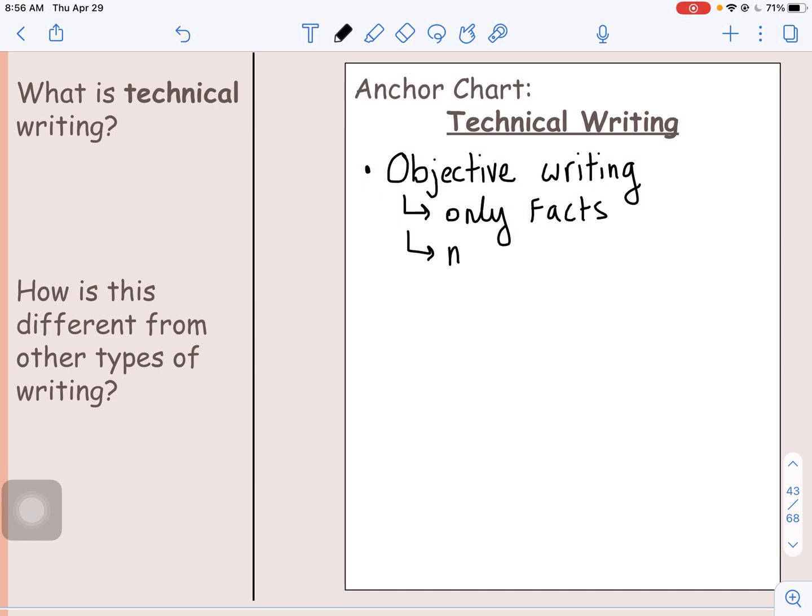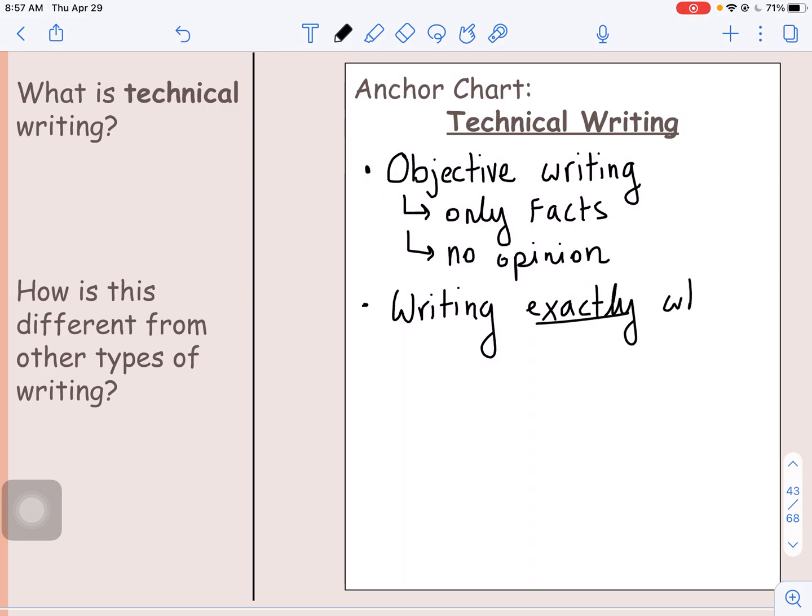You have no opinion in your writing. This is different from like creative writing where you might be writing about a personal experience. It's different from opinion writing where you're writing your perspective on something. Technical writing is basically just writing exactly what happened.